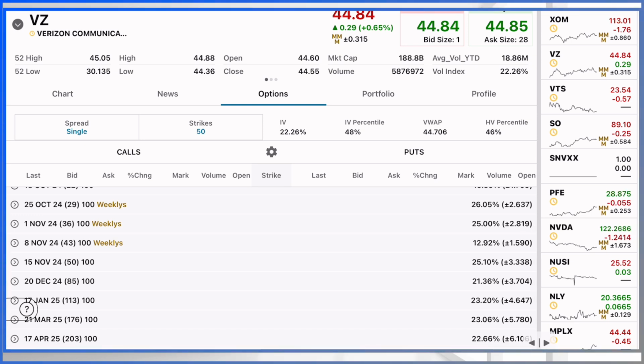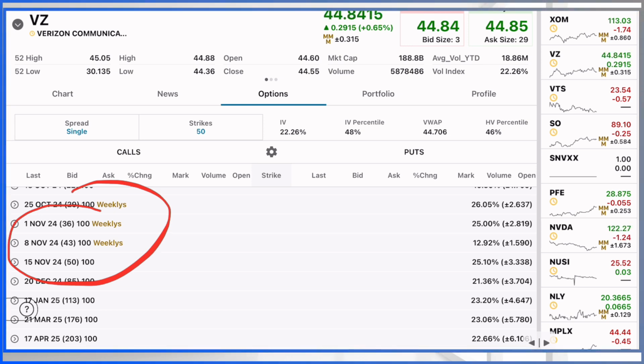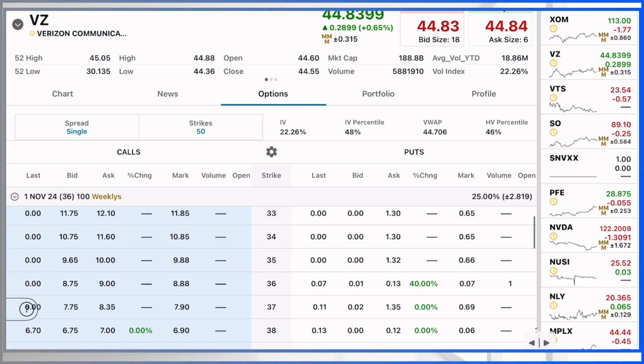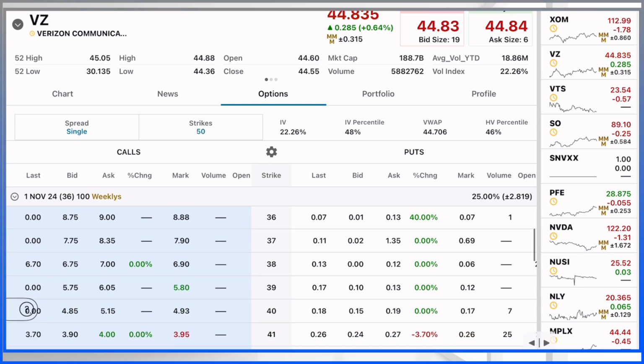If you look right here, I'm looking at this 1 November, that's the 1st of November, and the 24 is for the year 24. And again, we're looking at these days to expire. It's a little bit hard to see, but I like 30 to 45 days. So for Verizon, I want to see what the action looks like.